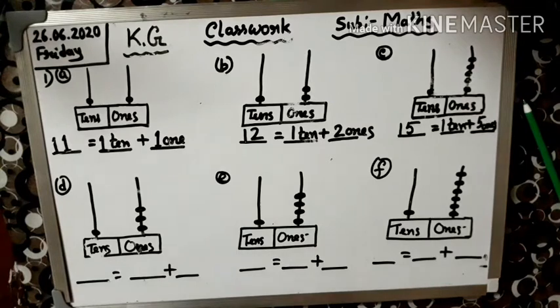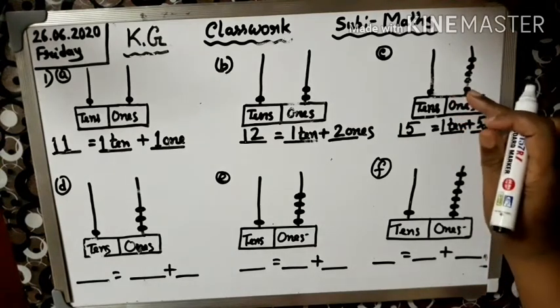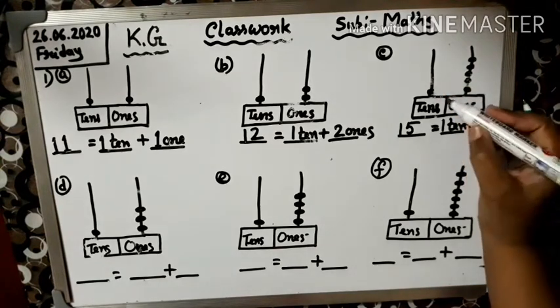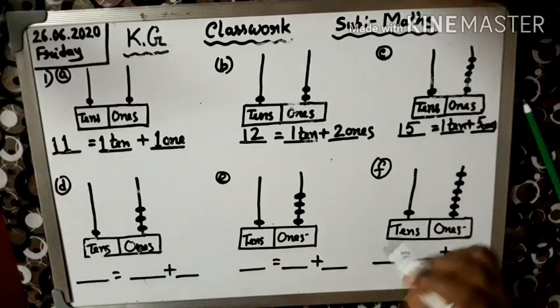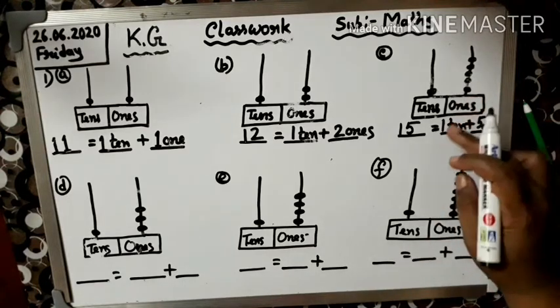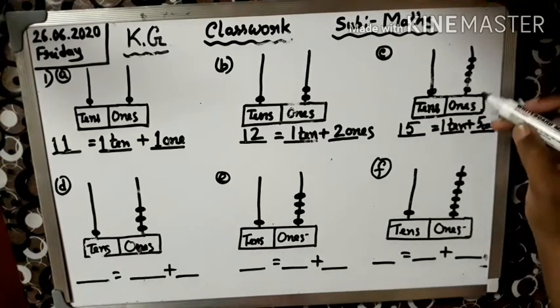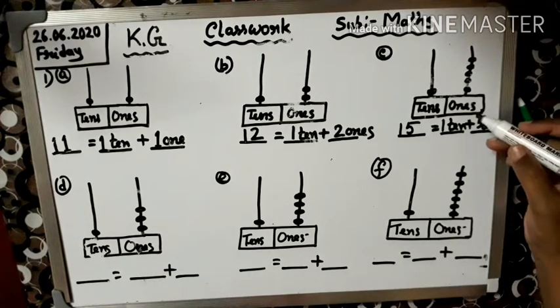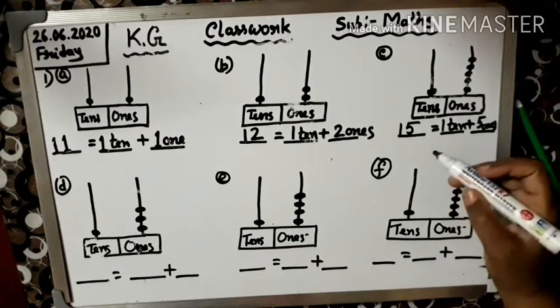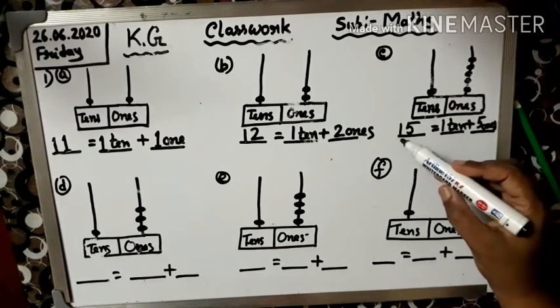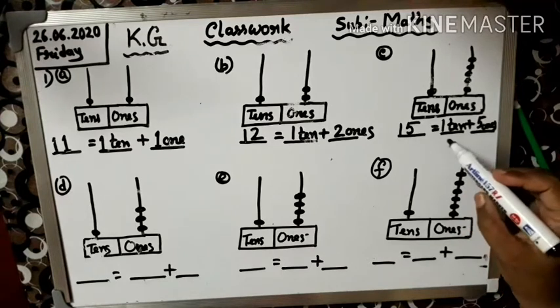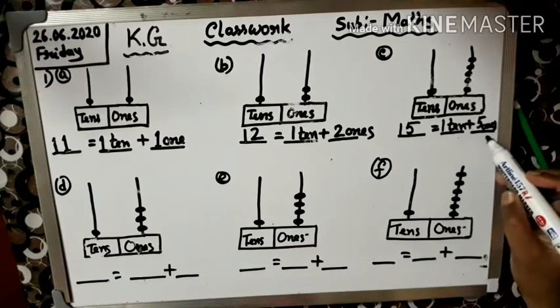Next, see, one bead on the 10 spike and 1 2 3 4 5 beads on the 1 spike. So write here 1 5, 15 is equal to 1 ten plus 5 ones.